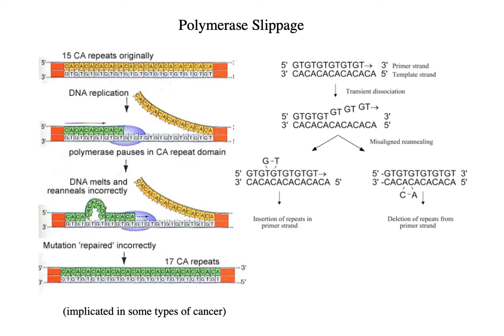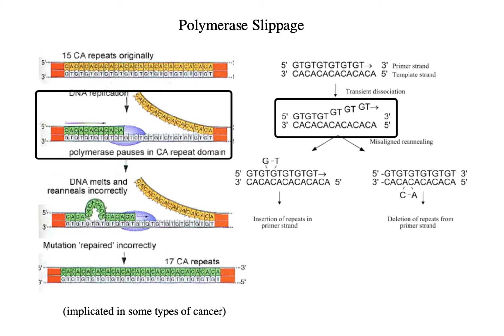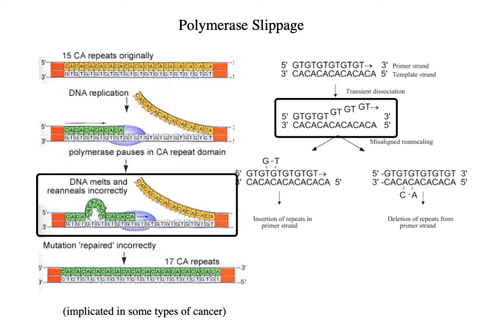And one final one that actually happens fairly frequently is polymerase slippage, and this often happens in regions where you have a lot of small tandem repeats. The polymerase slips off a bit from the template, or there's a release of one part of the template, and then it folds back on itself.